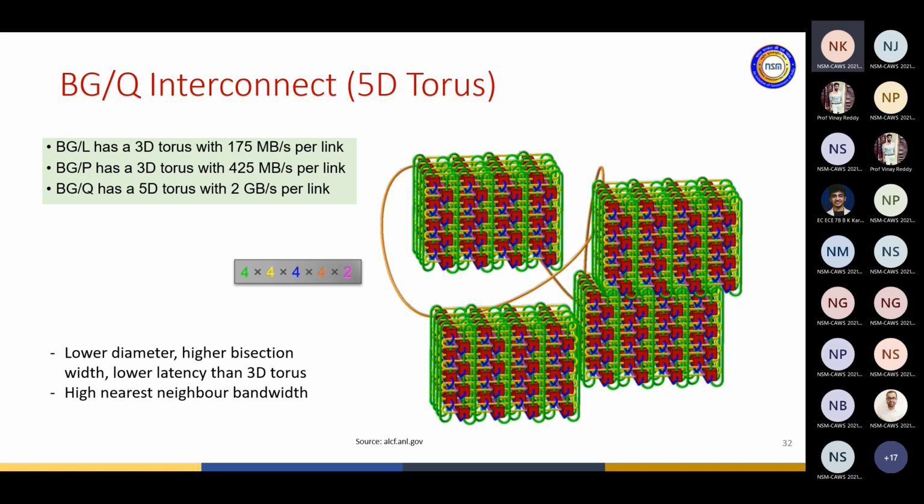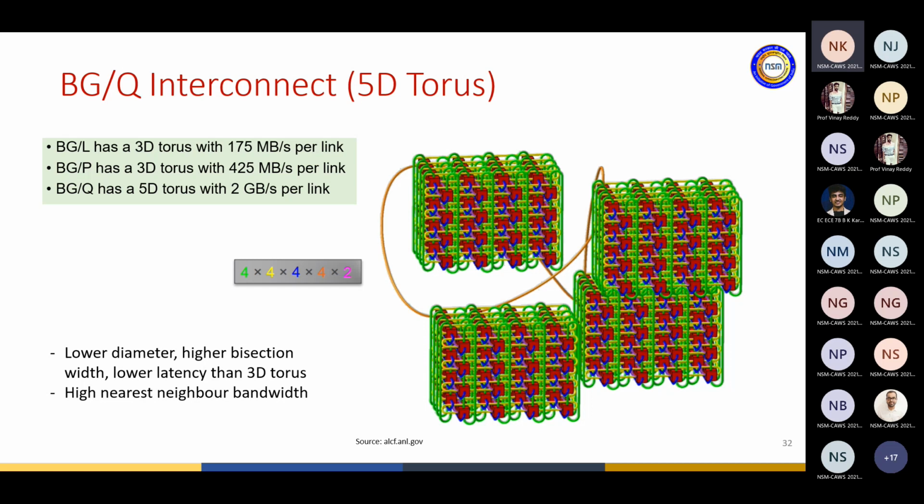So in the previous BlueGene L and P, we were in megabytes per second, and finally in BlueGene Q, they had this link with 2 Gbps, which of course gave massive scalability to this system. Now, the other thing was the previous systems had 3D torus.